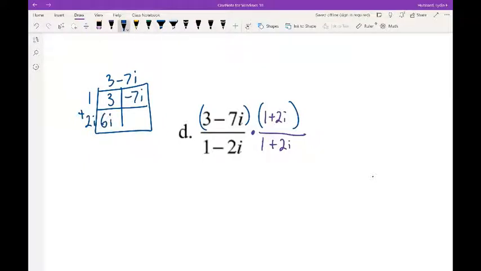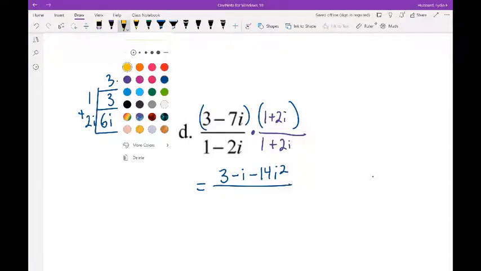And 2i times -7i is a -14i squared. So that numerator will become 3, -7i plus 6i is a -i, minus 14i squared. And I'm just going to leave that alone for right now. I'll worry about changing some of those numbers in a minute.